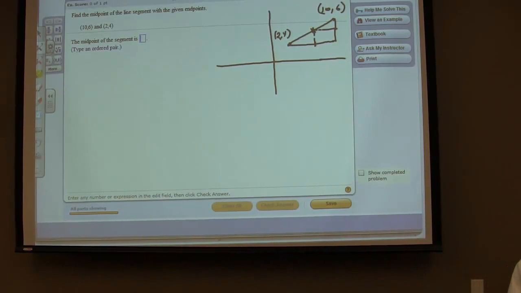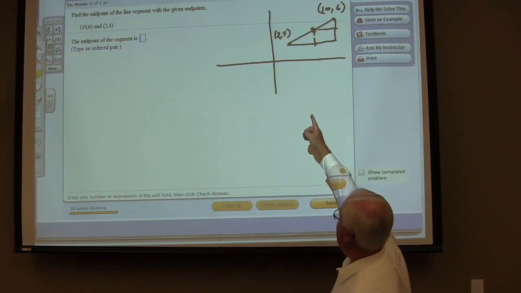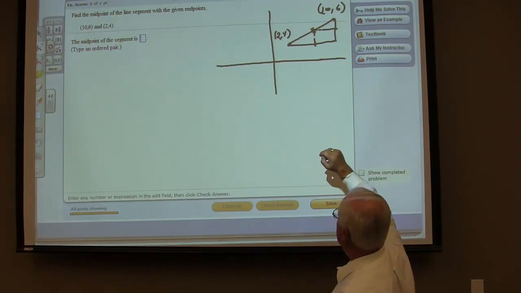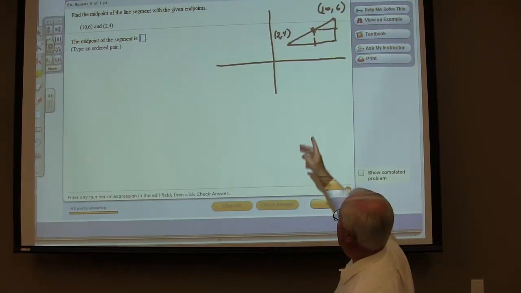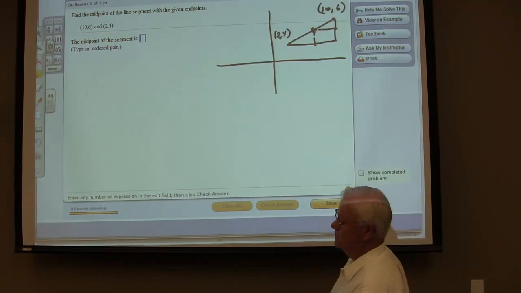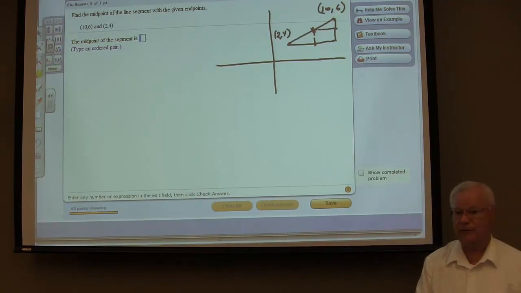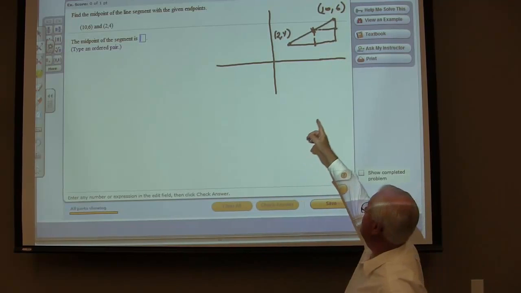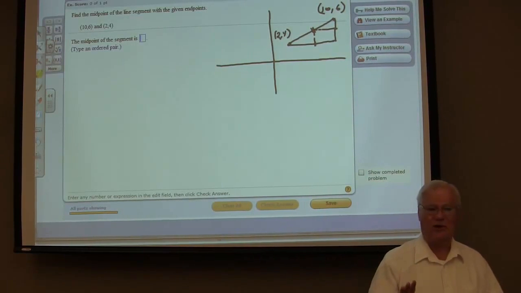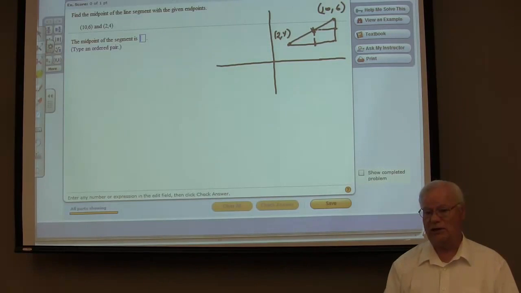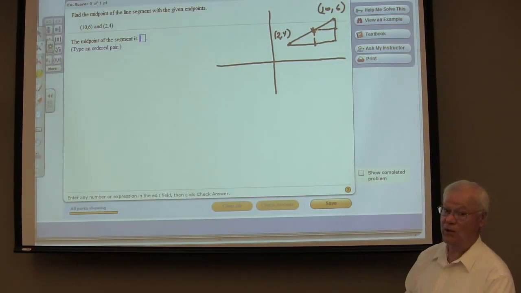So, what I need to do to find the x value is merely find the halfway point on the bottom and the y value, the halfway point on the side. Well, the bottom goes from 2 to 4. I'm sorry, from 2 to 10. It goes from an x of 2 to the next value of 10. If you remember the way you find that point halfway between, it's the average. Add the two together. 2 plus 10 is 12.